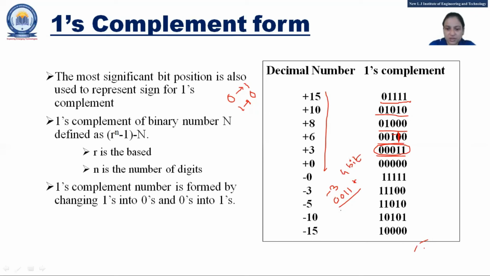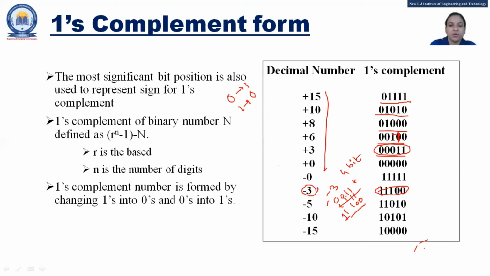Now first, if I want to represent this minus 3 in 5-bit representation, what I do is replace 0 with 1, 0 with 1, 1 with 0, and 1 with 0. So 4 bits here. Now an extra bit for the negative sign. So 1 1 1 0 0 is the 1's complement for minus 3.